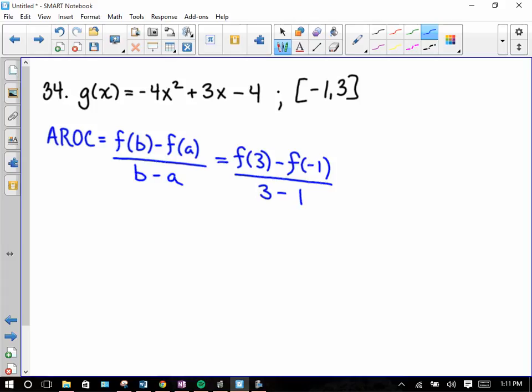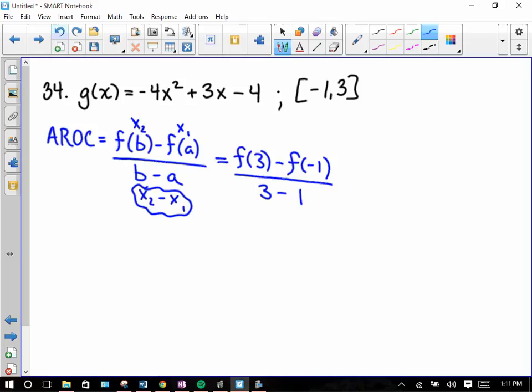So it might have been f of y2 minus, no, it'd be f of x2 minus f of x1, and the x2 minus x1. It's the same thing.